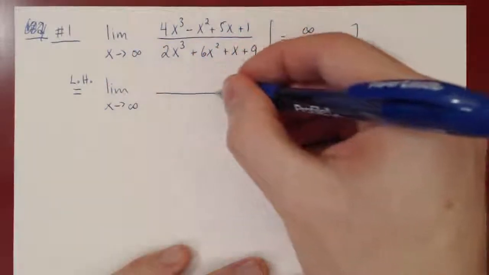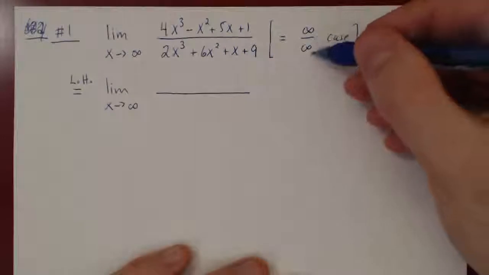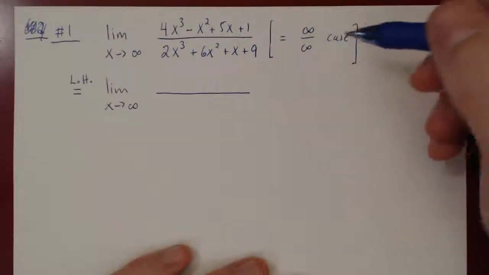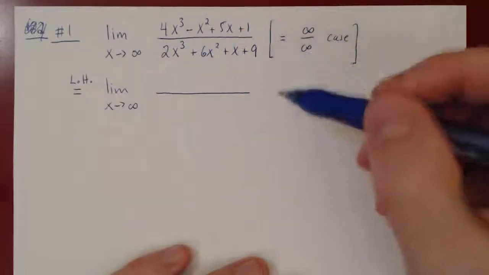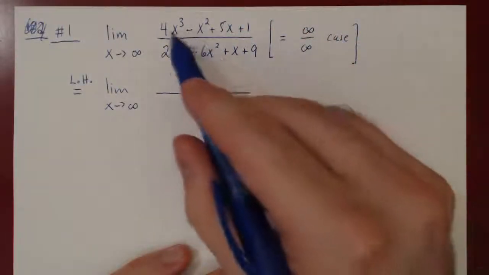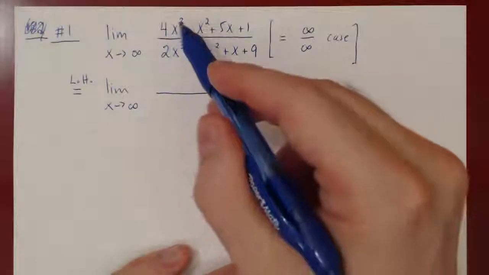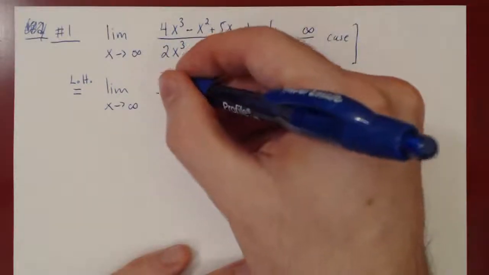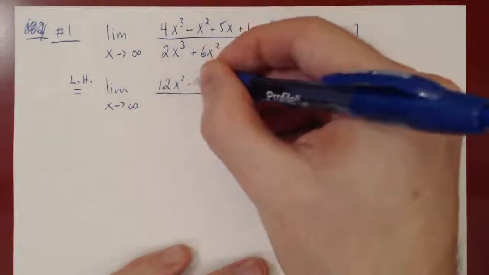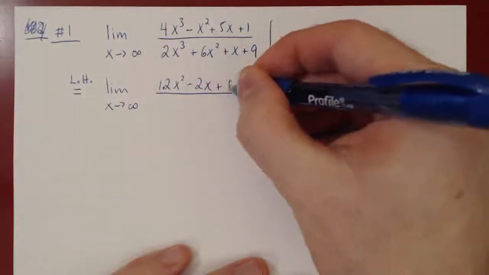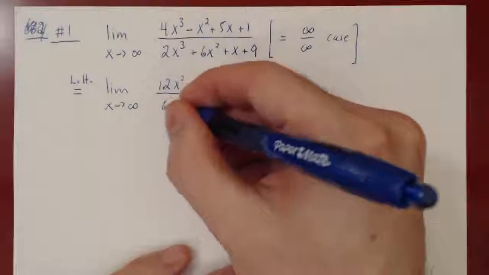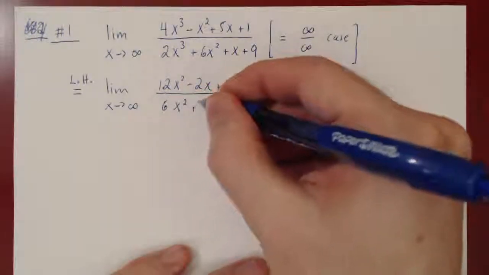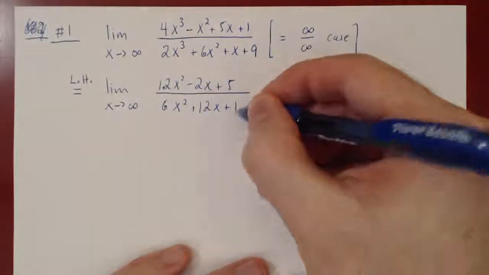And again, L'Hopital's rule says that if you are in the 0 over 0 case, or infinity over infinity, you replace each function, the numerator and the denominator, by the respective derivative. Differentiate the numerator, you'll have 12x squared minus 2x plus 5 over the derivative of the denominator, which will give you 6x squared plus 12x plus 1.